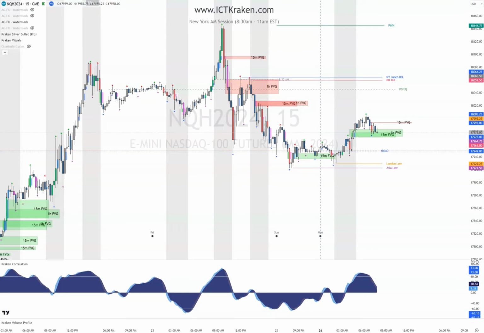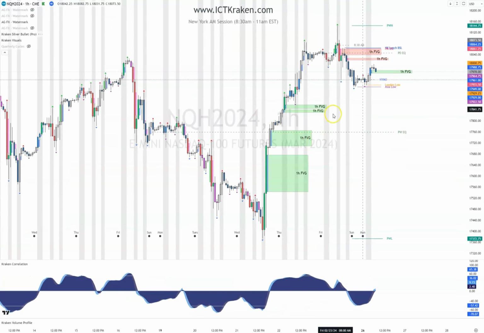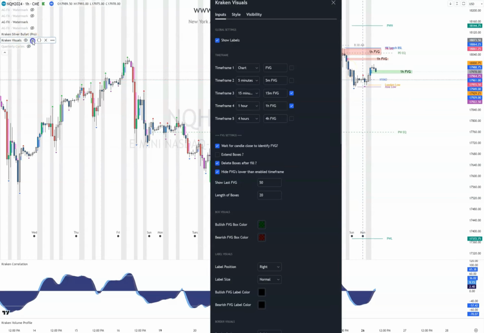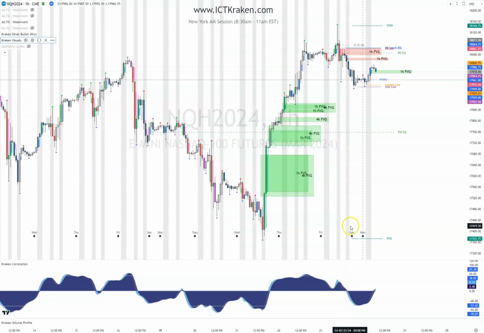If I go to the 1 hour, all these 15 minutes are going to fall off. It's just going to show me the 1 hour, okay? So if I turned on the 4 hour, it'll show me 4 hour fair value gaps here. So there's a 4-hour fair value gap, 4-hour from last week.